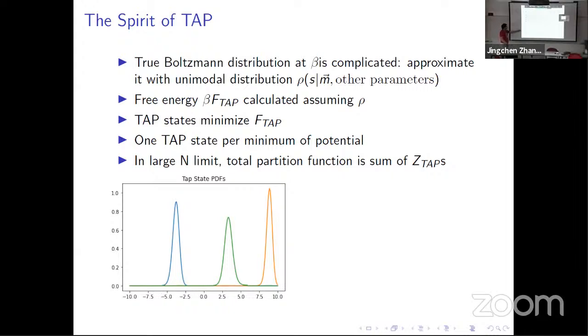You can show that basically the natural forms of TAP states are: you take some minimum of the potential, which we'll call x naught, and it's just going to be e to the minus beta H if x is near x naught, 0 otherwise.